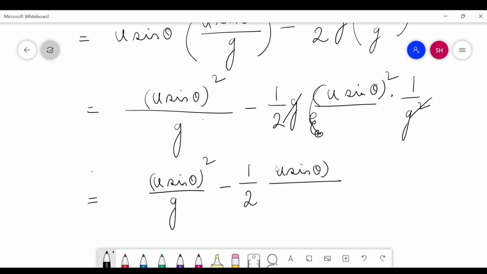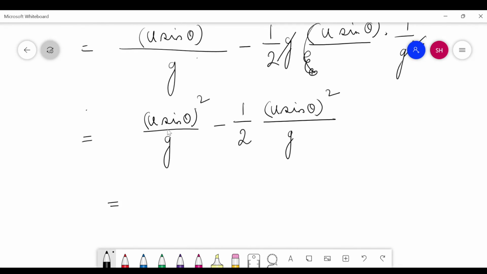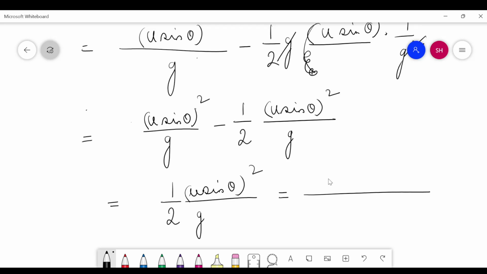We are just removing a half expression from a whole expression, which will give us another half of it. So this will be (u sin theta) whole square divided by g, which can be simplified by writing u square sin square theta divided by 2g. So this will be our maximum height that can be reached.